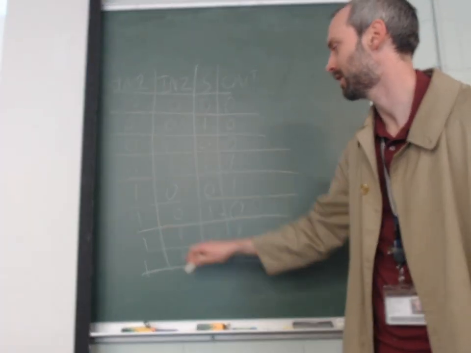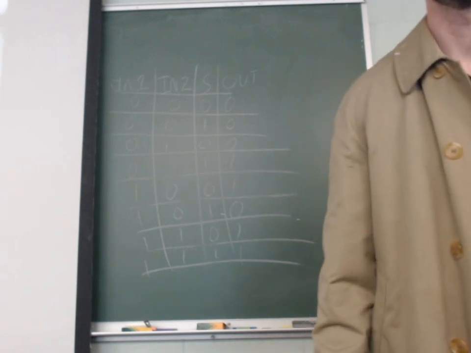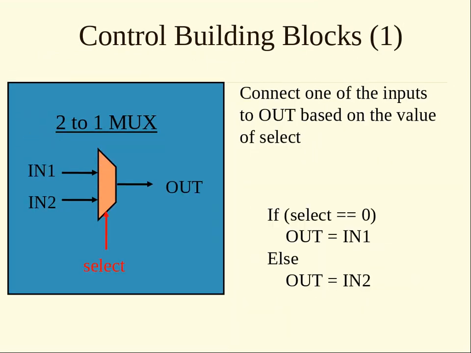So this one is signifying which one you're inputting, and then you just make that the output. The slides have a picture of what it looks like? Nope. What was the circuit for this? Anyone remember? It's just like ANDs.